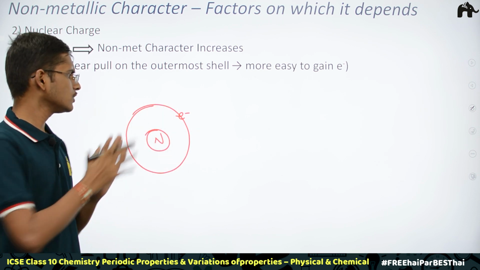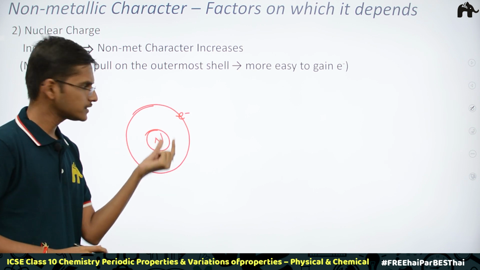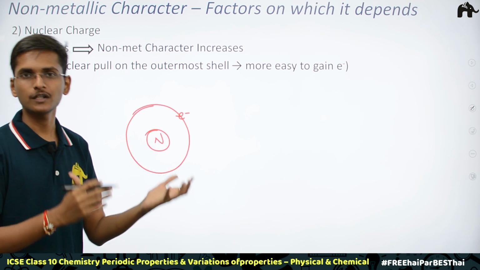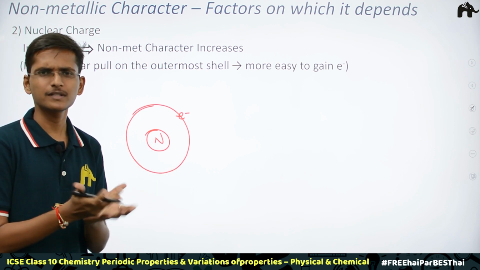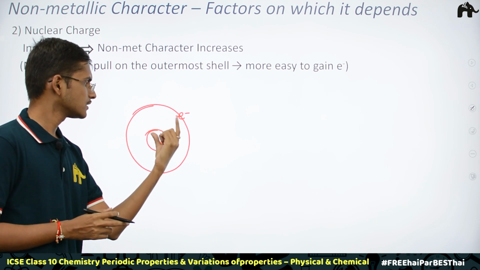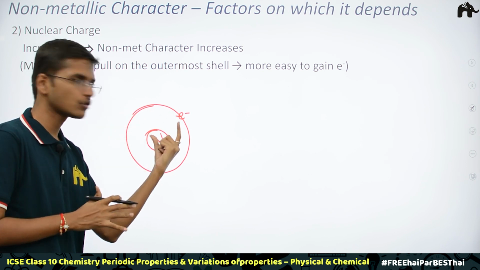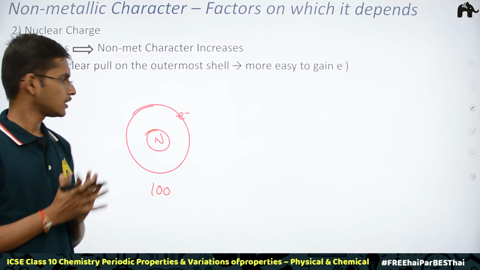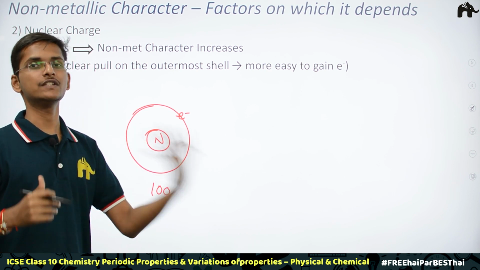That's it. So in this case, the nucleus is having, suppose, let's not see it in terms of arrows. Maybe arrows would be confusing to you. Let's take some numbers. Numbers are very easy to understand. So if this nucleus is having some influence on the outermost shell, let's take it as 100. 100 is a very good number. Now we increase the nuclear charge.